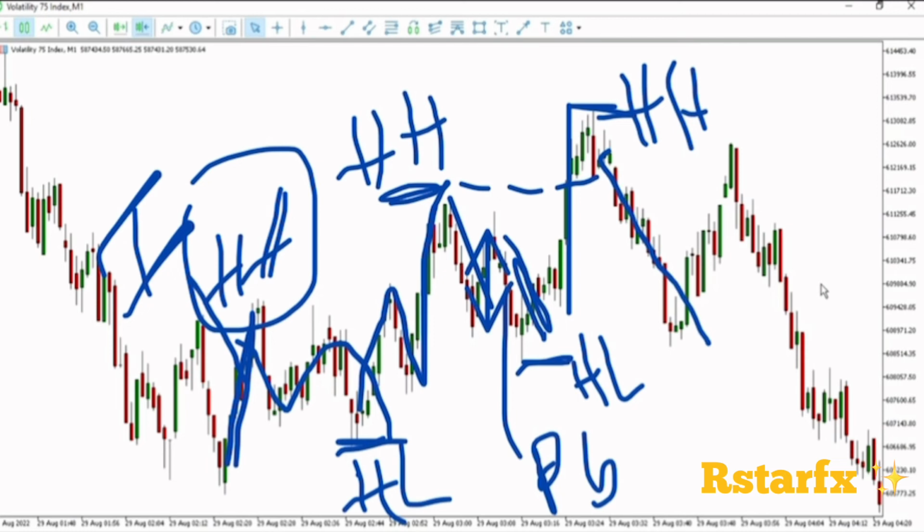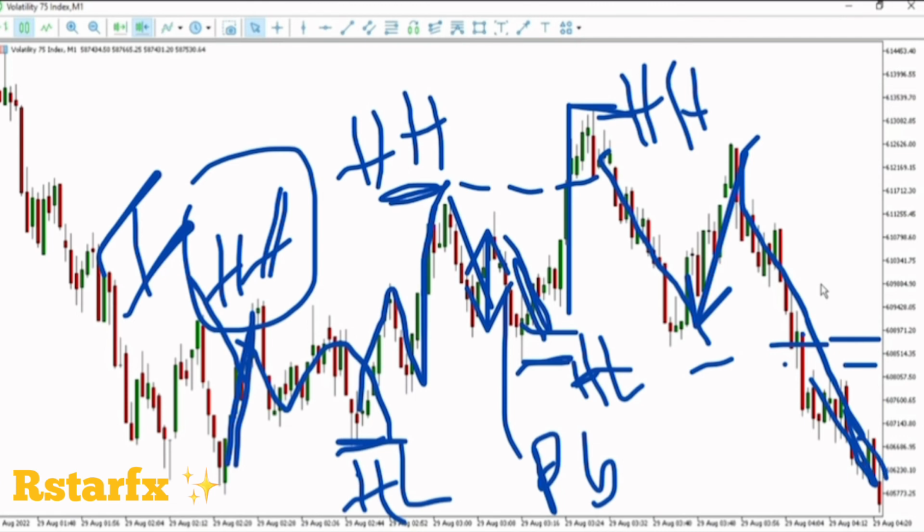We break our former higher low. Okay, we haven't broken this here, so here we are now at our higher high, till it comes down here and breaks our previous higher low, or around here. So we have another trend formation, and this is our lower low.